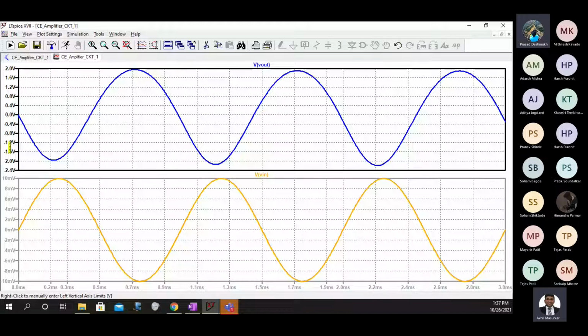Yes, there is voltage on y, and on x there is time. Yes, okay, sir. How do you plot a time varying waveform? Everything is plotted with respect to time, and amplitudes are in volts.